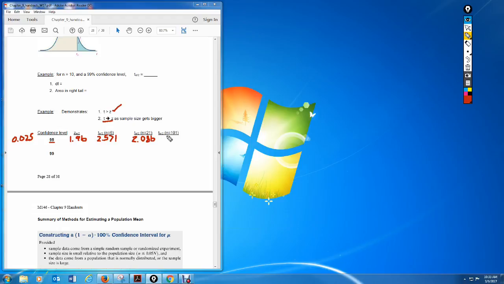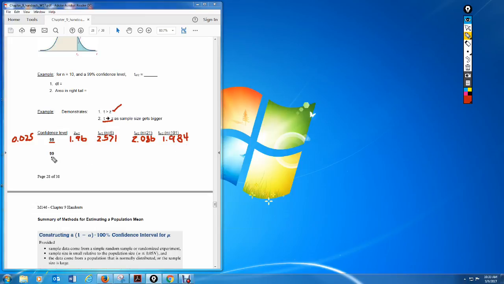Critical t-value for a sample size of 101, degrees of freedom is 100, is 1.984. So you can clearly see as the sample size gets larger and larger again, the critical t-values are approaching the critical z-values. It's much, much closer now.